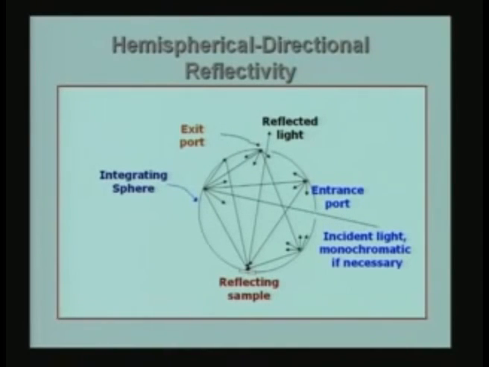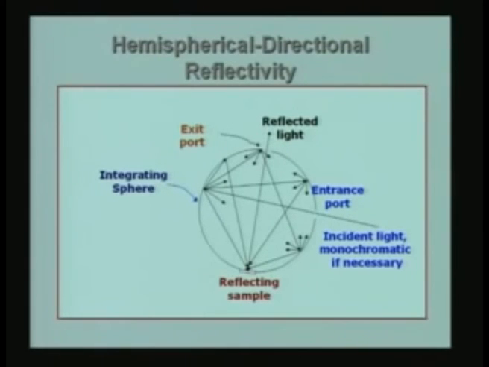Now suppose I look at the radiation reflected from this sample by making another hole here and allowing some radiation to escape. I will be able to measure the hemispherical directional quantity, that means that the surface is illuminated throughout the hemisphere. We will describe more fully in the next lecture.